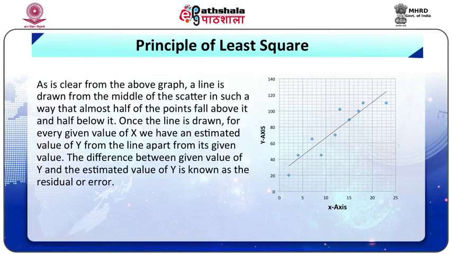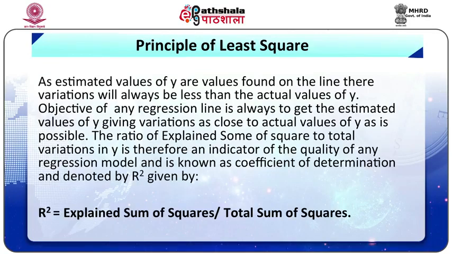The difference between the given value of y and the estimated value of y is known as the residual or error. For example, in the above case, for the first given value of x equal to 2, the given value is 20, whereas the estimate as given by the line is 32. The difference is 32 minus 20 is equal to 12.